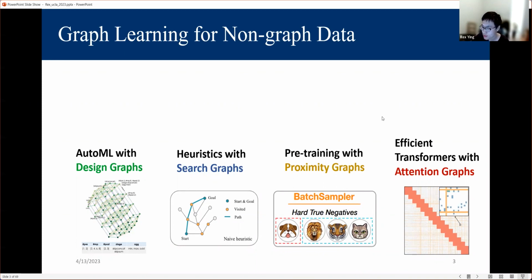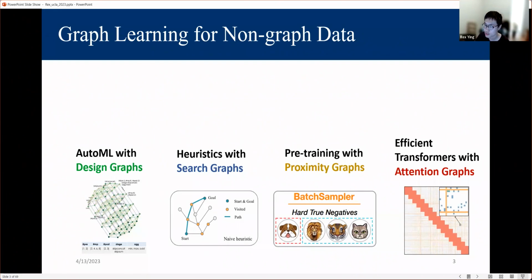And the final one is about efficient transformers, which we can view as sparse attention between tokens. We construct these special attention graphs and use some graph techniques to help design those efficient transformers.